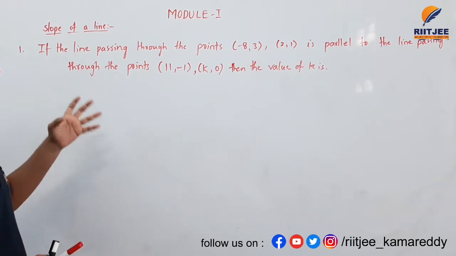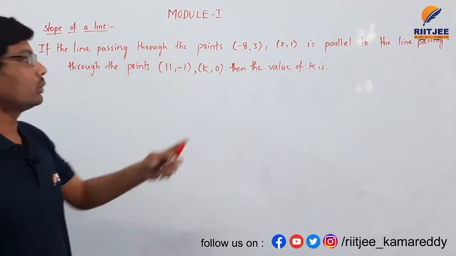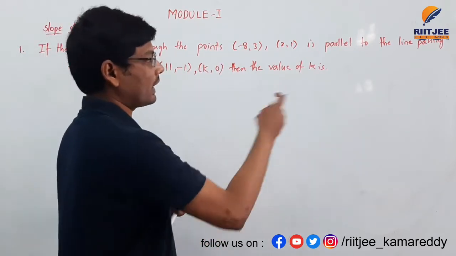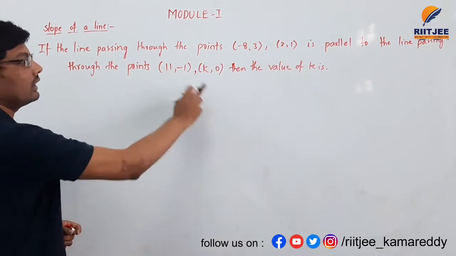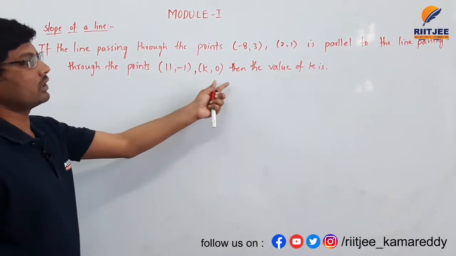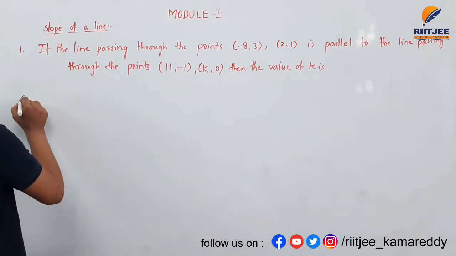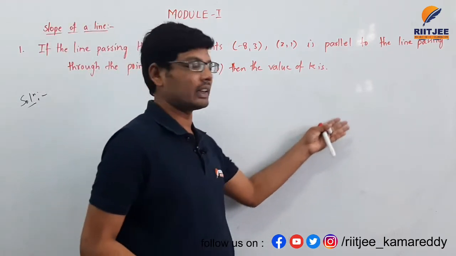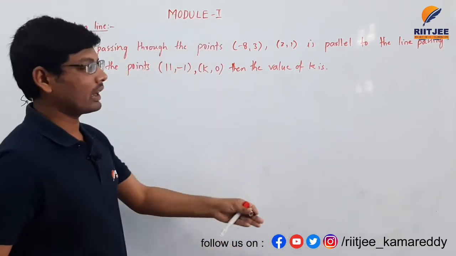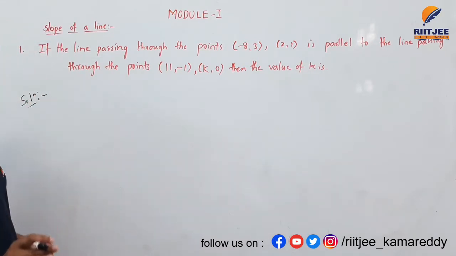If the line passing through the points minus 8 comma 3 and 2 comma 1 is parallel to the line passing through the points 11 comma minus 1 and k comma 0, then find the value of k. I'm not writing any options here, I'm directly solving. For this problem we don't need any options, you can solve directly.